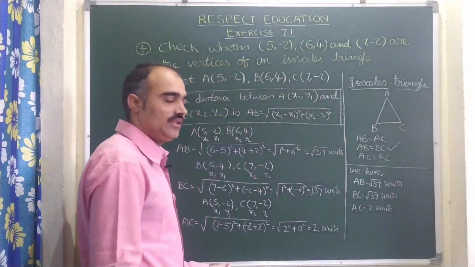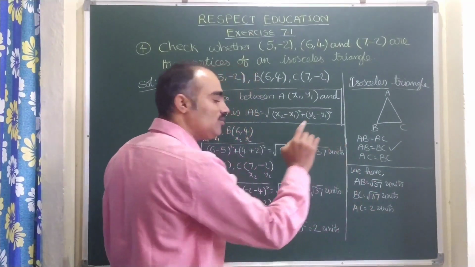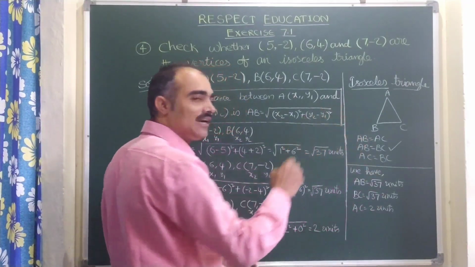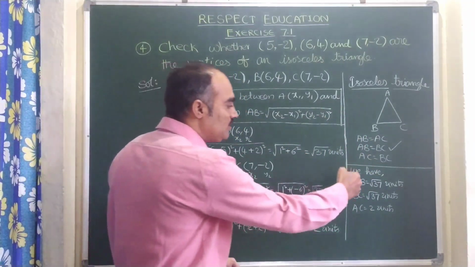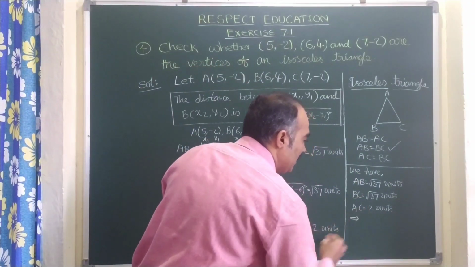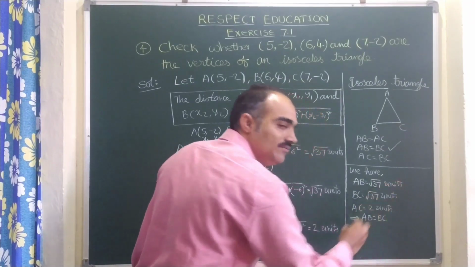Here you see, when you find AC, suppose you figure AC is also root 37 units, then all the 3 sides will be equal, it will form an equilateral triangle. But here only 2 sides are equal, right? So we have AB is equal to BC.